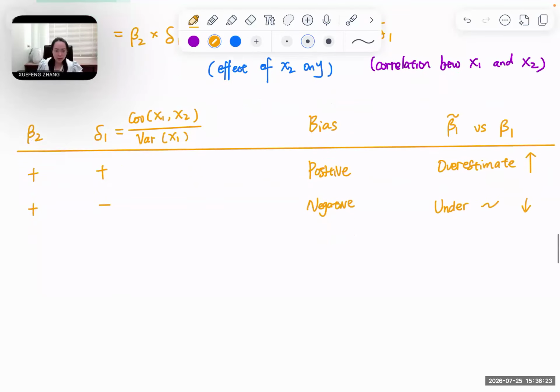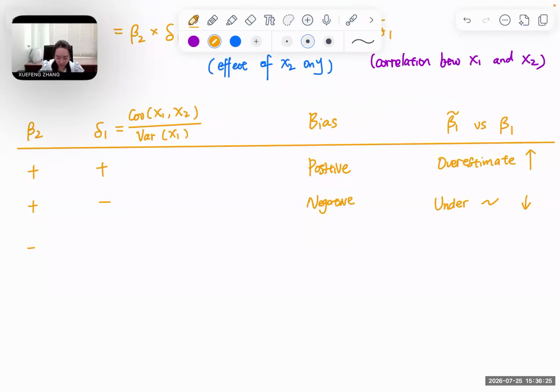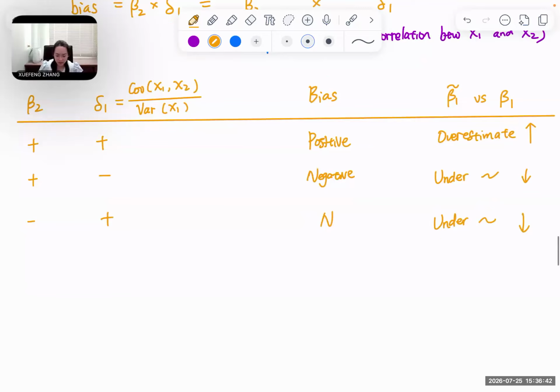The other way around, suppose beta 2 is negative, delta 1 is positive. Okay, so its bias is negative and an underestimate. And the fourth situation, both beta 2 and delta 1 are negative.